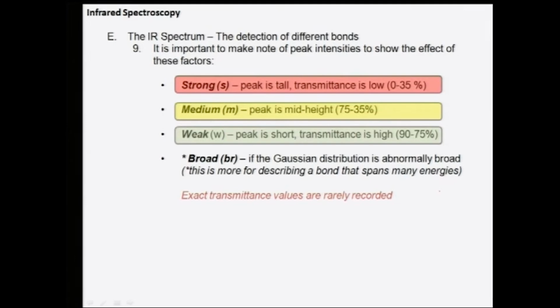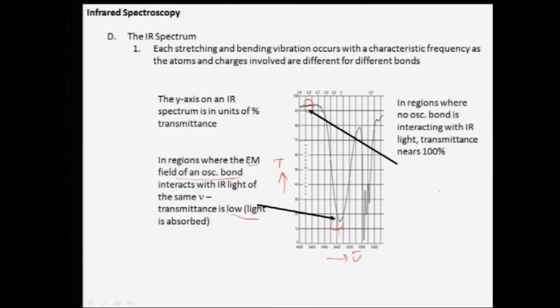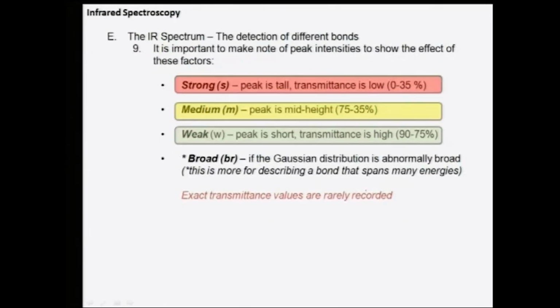Medium ones, where the peak is mid height, not very tall and not very small, and weak ones, where transmission is very high. If I go back to this plot, I can show you: this is weak, this is tall, and in some cases you can see medium height here. So all these signals are available everywhere.